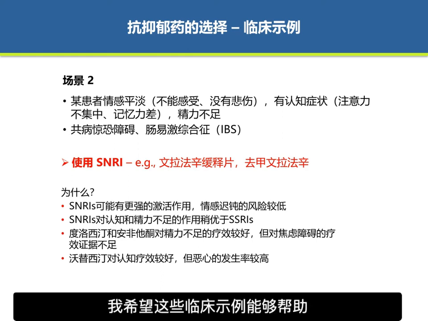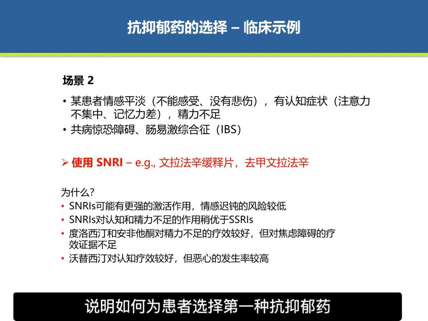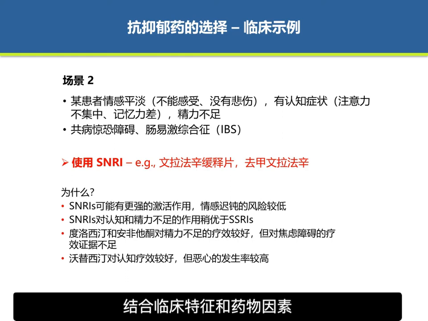So I hope those clinical examples can help illustrate how we would choose the first antidepressant for our patients based on some of these clinical features and the medication factors.